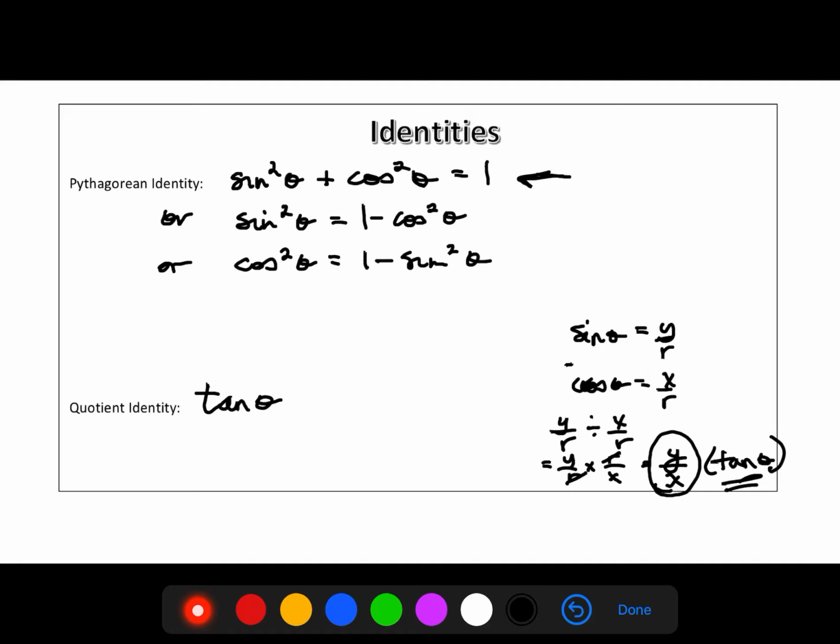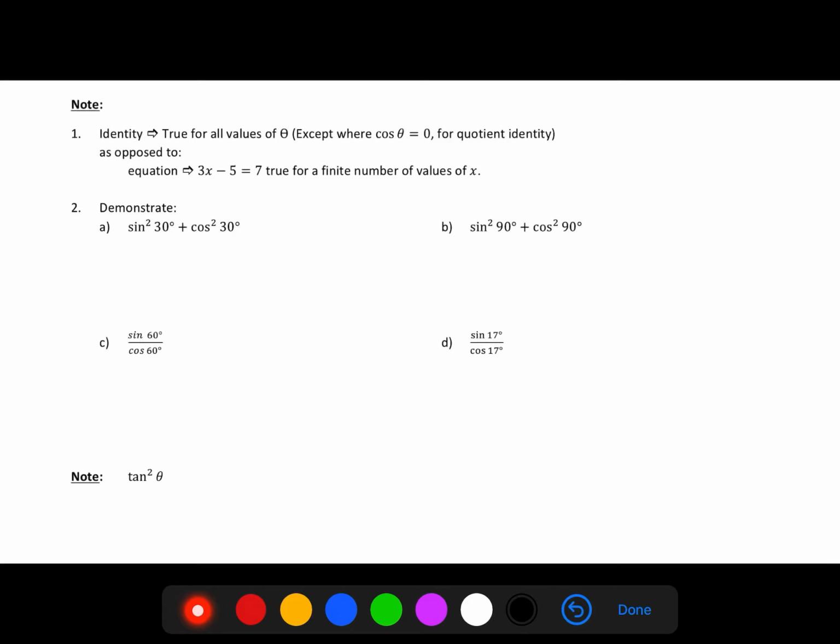Our r's cancel and it is equal to y over x. Well, we saw this y over x in the previous slide that was equal to tan theta. So we can rewrite tan theta, if we want to simplify it with our basic functions, as sine theta over cos theta. And that's another one of our trig identities, that those are interchangeable.